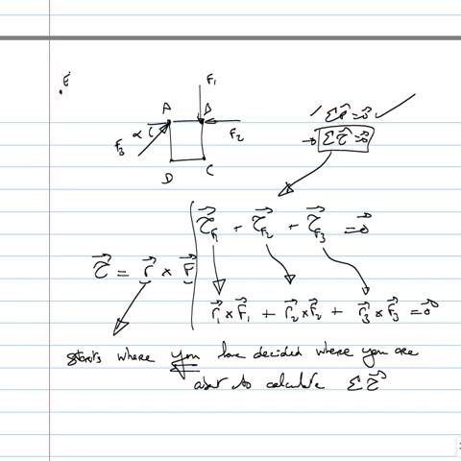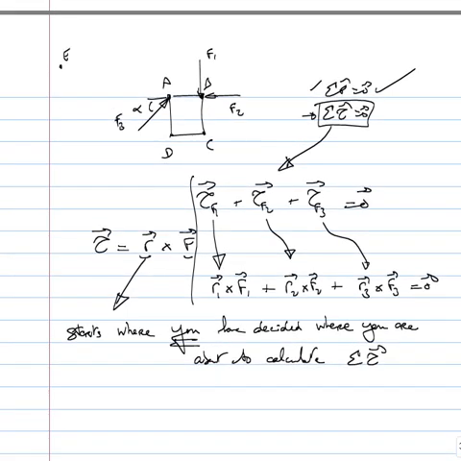Now you know that the torque is going to be equal to 0 if R is equal to 0 or if R is parallel to F. So usually when you calculate the sum of the torque, you want to pick a point where the most forces are acting, or a point where the most forces are aligned with the R vector. So let's imagine in this case, I am told, for whatever reason, to pick a particular point.